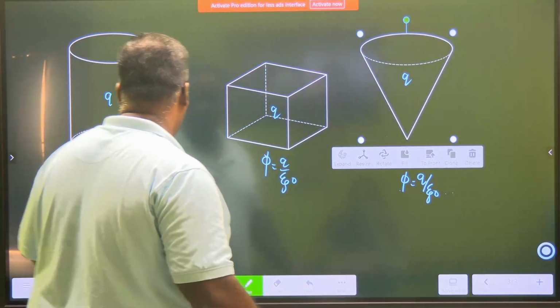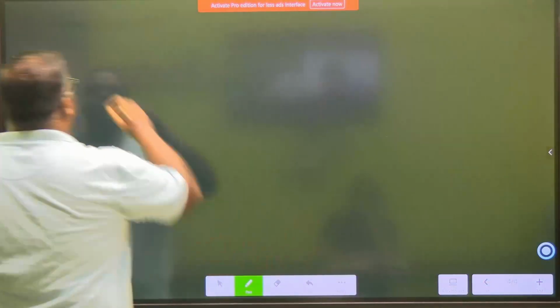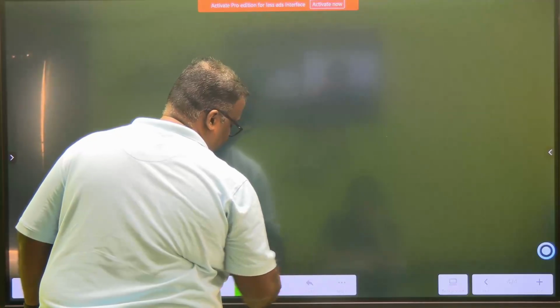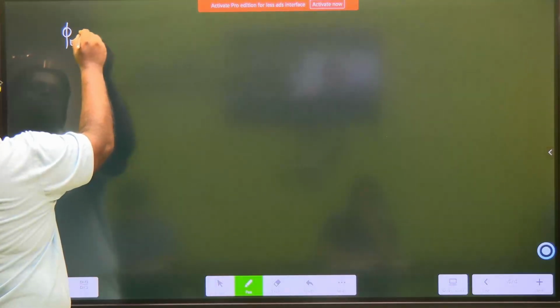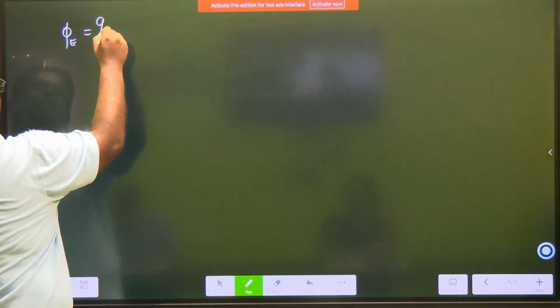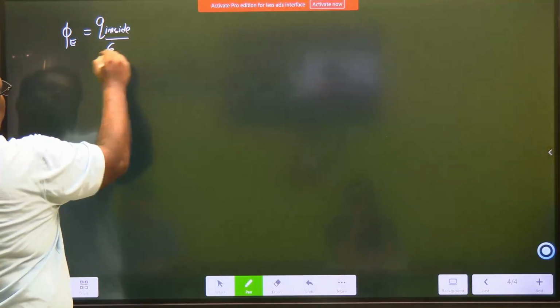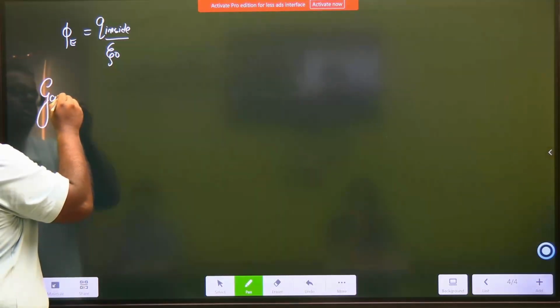Now when you calculate, this is important. Our formula says that the flux is given by Q inside, remember it, Q inside divided by epsilon naught. So you have to have something which is known as the Gaussian surface.